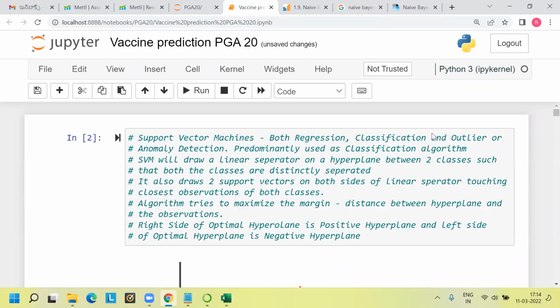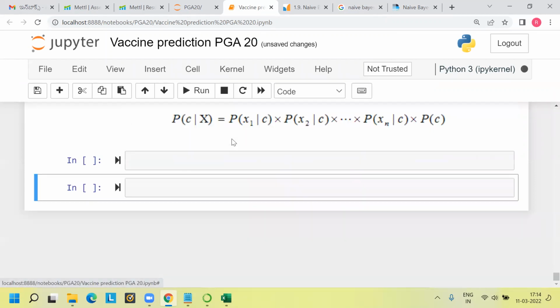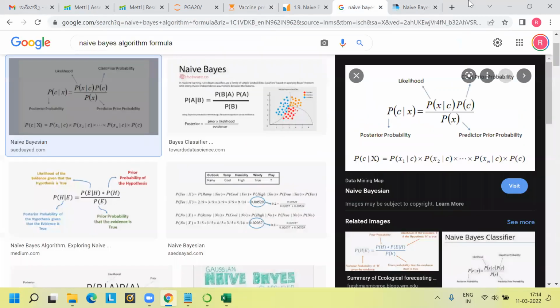So run all the cells. Run yesterday's notebook, vaccine prediction.